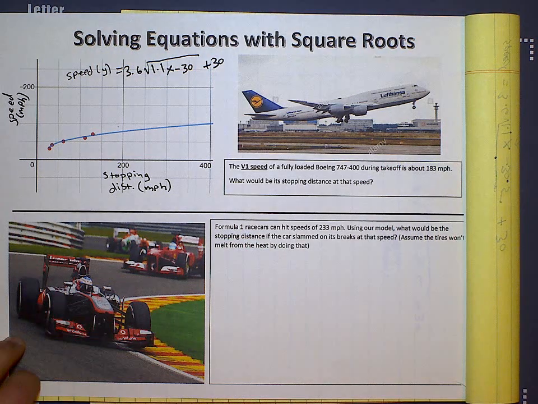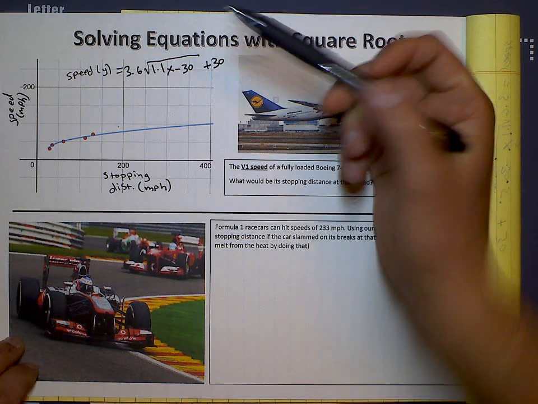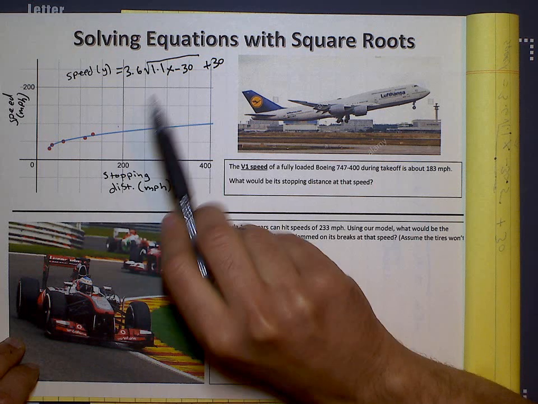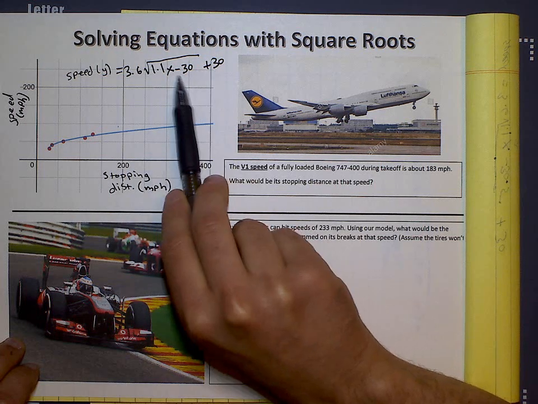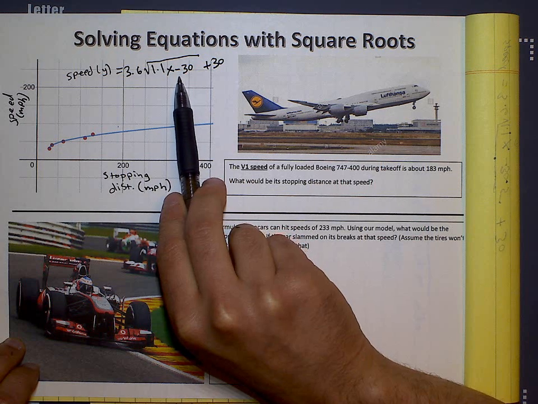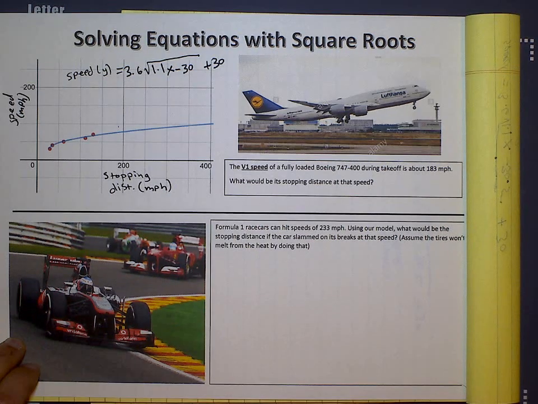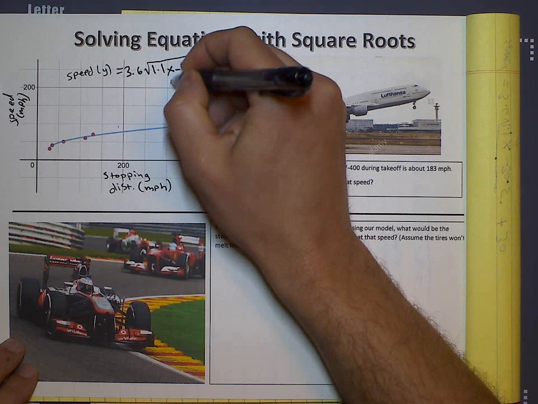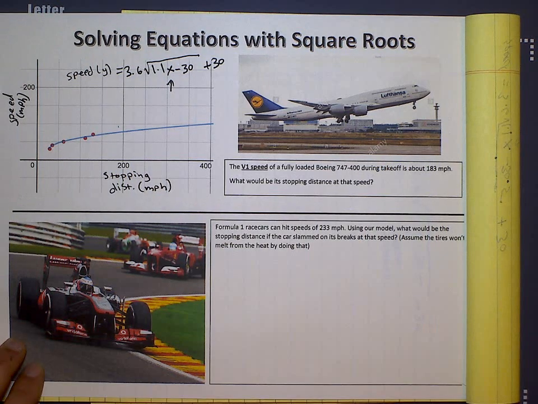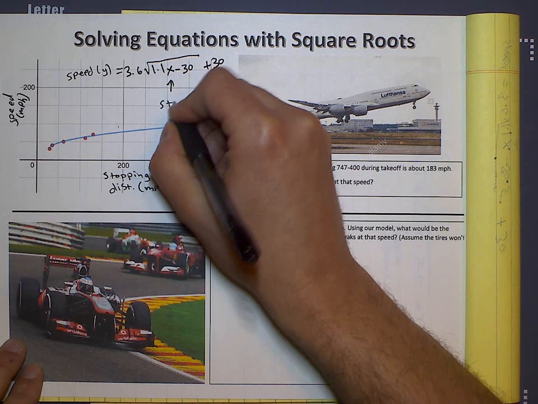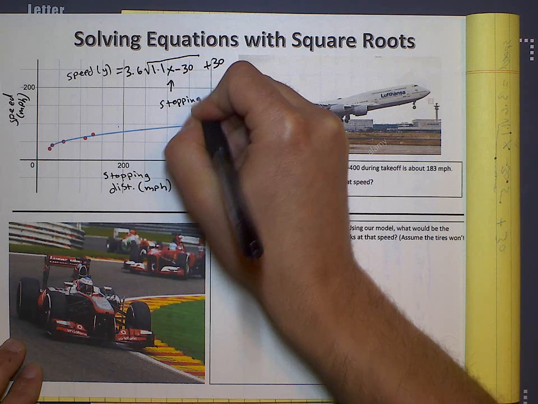Last week you learned about transformations, and this is a stretch, this is a shift to the right, and this is a shift up, and you can see the graph resembles that. Remember, x here for this application represents the stopping distance as well.